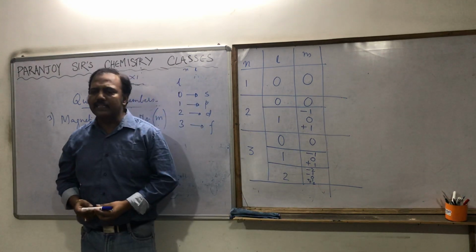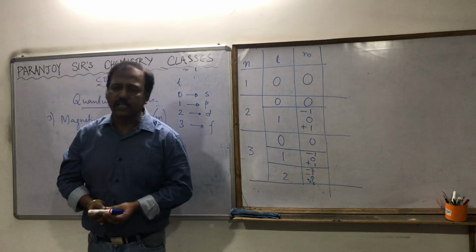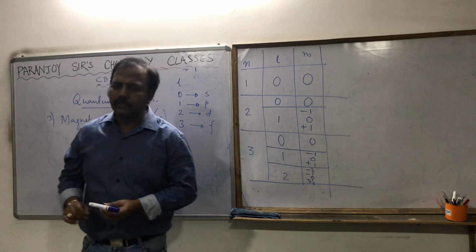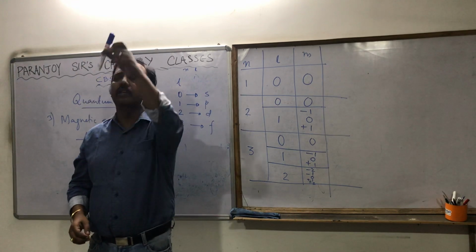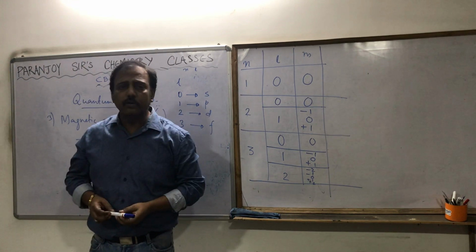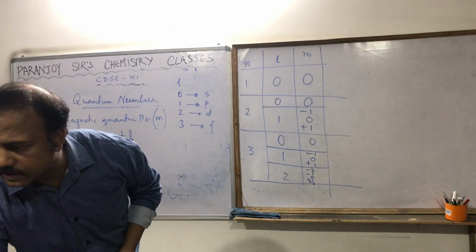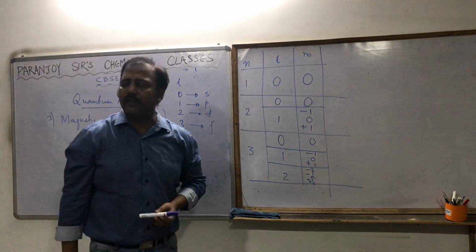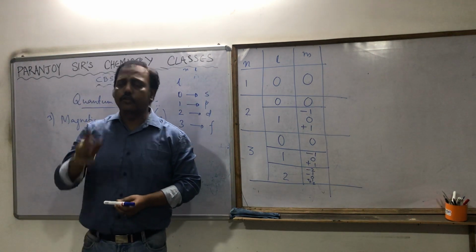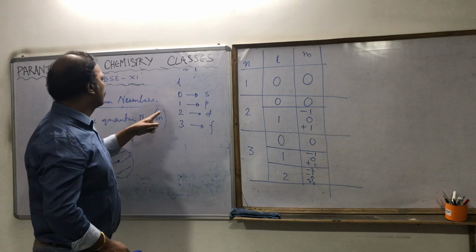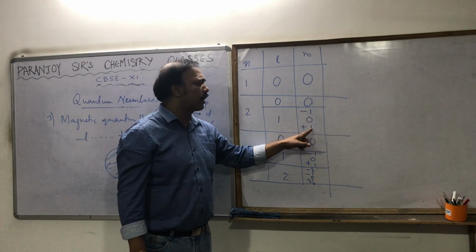This m is indicating the direction or the orientation of the orbital. In which direction is the dumbbell? The dumbbell is like this or like this or like this. We don't know. That is determined by the value of m. So L is equal to 1 means m can have -1, 0 and 1.